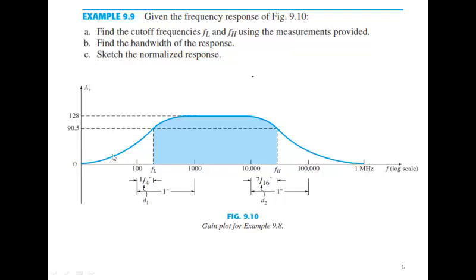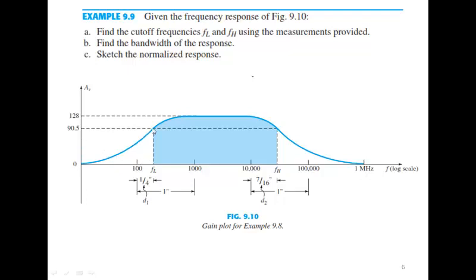So here, the gain at this frequency is this much, and this value of the gain would be divided by this number. At this frequency, the gain would be this much, and whatever the gain is, it would be divided by 128.